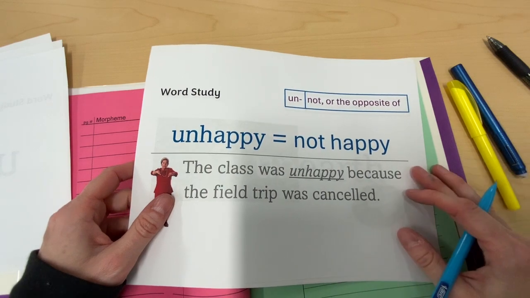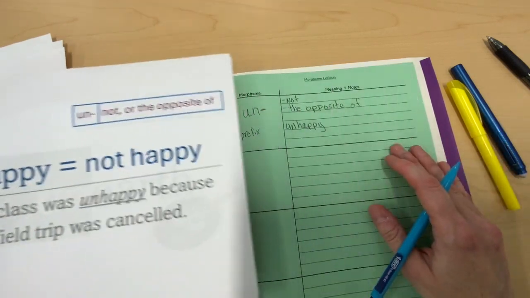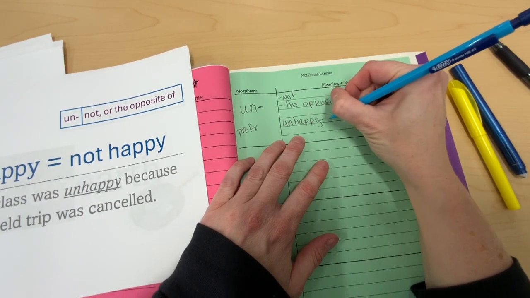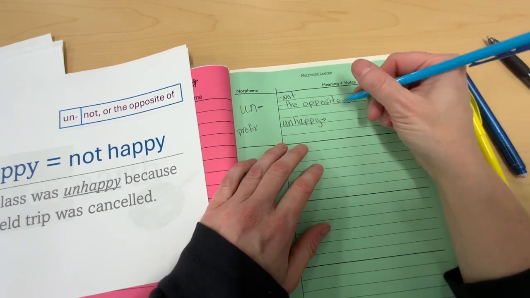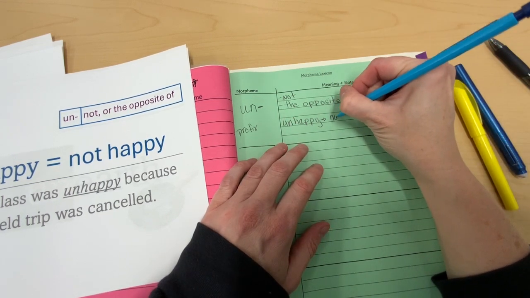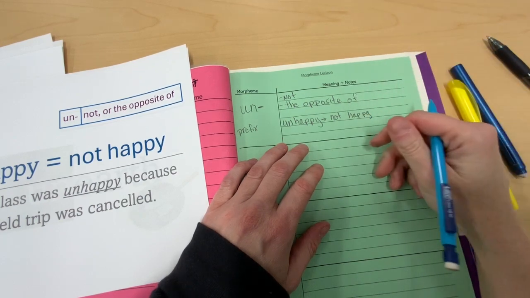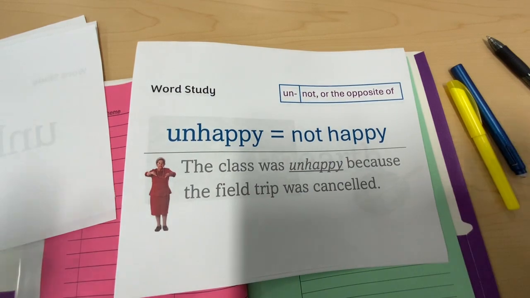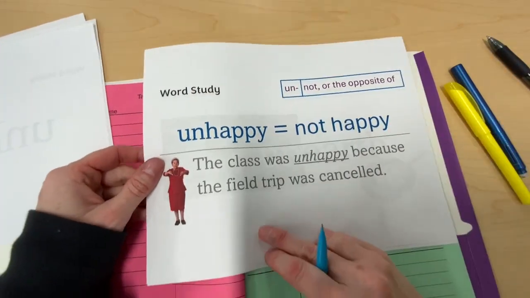Unhappy equals not happy. It is defined as not happy. So then I'll just say unhappy. I like to do arrows. You don't have to do an arrow. Not happy. And then I'm going to imagine my little old lady with her thumbs down. Not happy. And then I have a sentence.